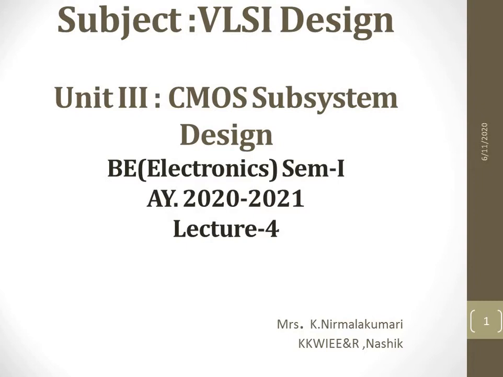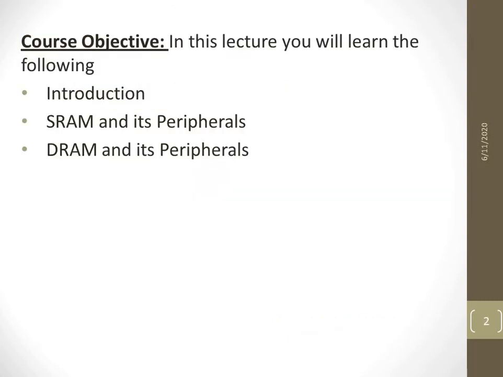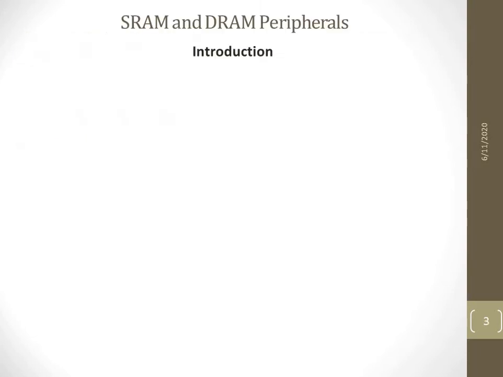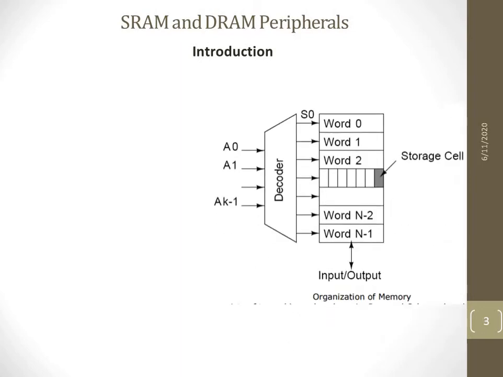Now in this lecture 4, we will be looking in detail at RAM cells. So in this lecture you will be learning about the introduction, SRAM and its peripherals, and DRAM and its peripherals. We'll be looking first at the introduction.